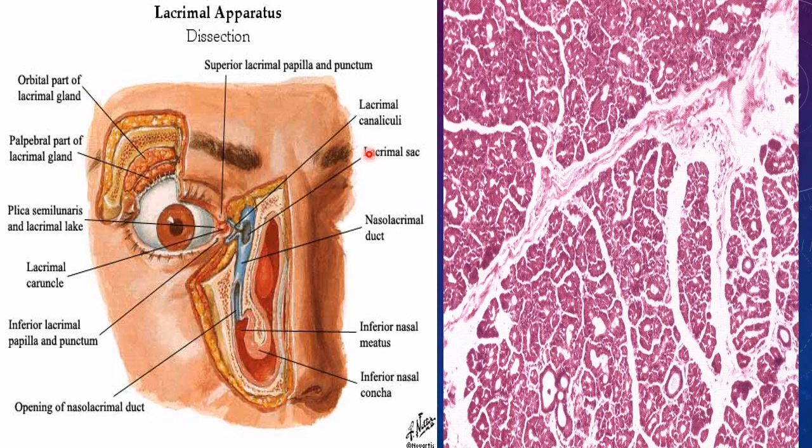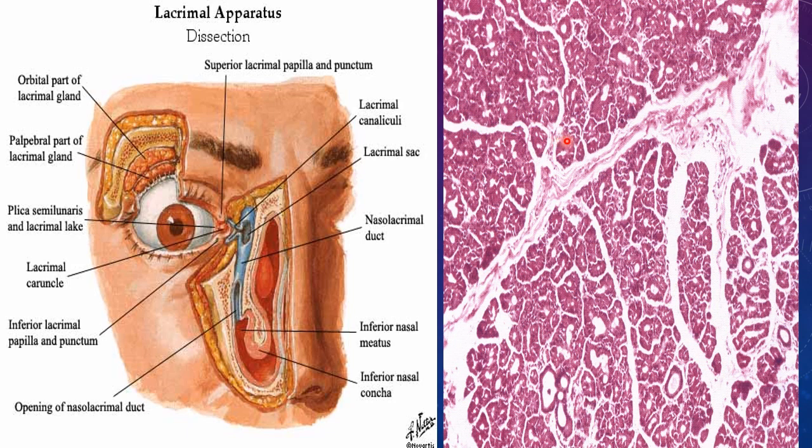you just have to look at its histological picture. The lacrimal glands consist of acini, which have pyramidal cells. They are eosinophilic cells. Myoepithelial cells are also present in between the acinar cells at their basal lamina.